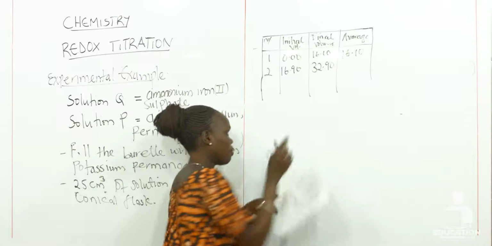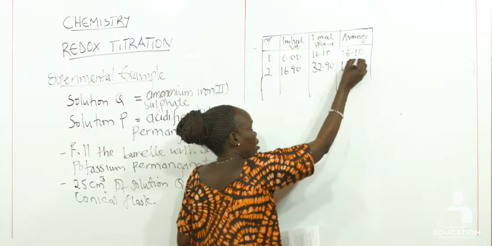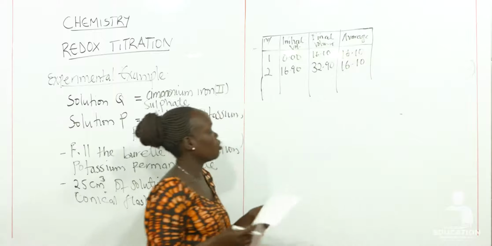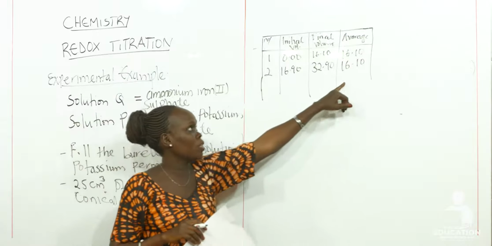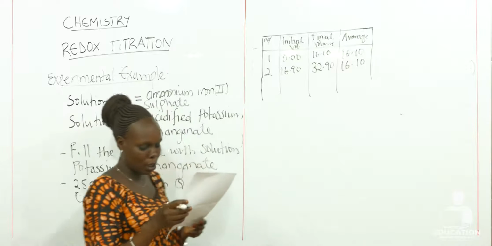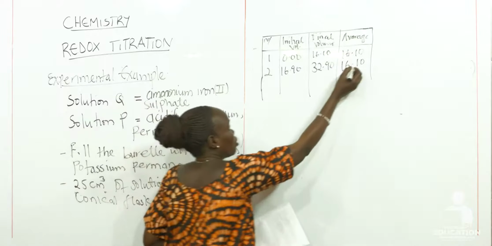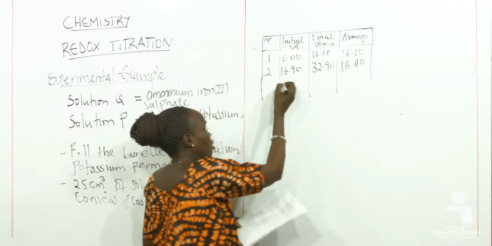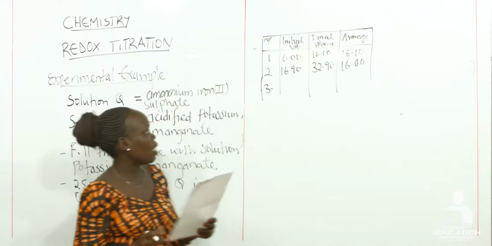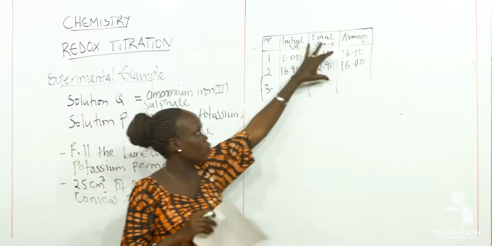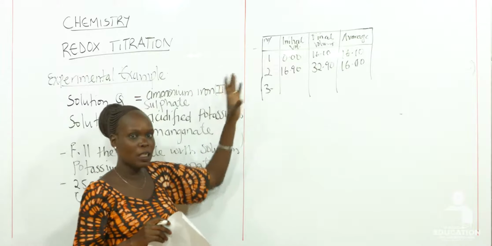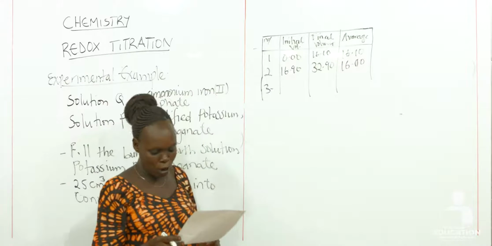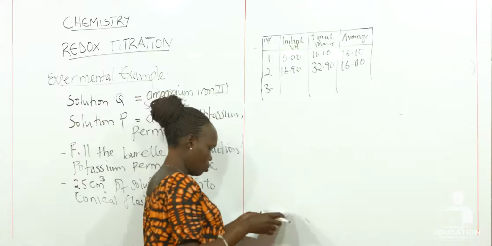So at the end, the final volume, the average we are going to get from subtracting initial volume from the final volume, we shall have 16.00. Sorry. Here we have that the volumes are almost the same, but we need to repeat it the 3rd time in order to know exactly what is the final volume or the average of the volume that we needed.